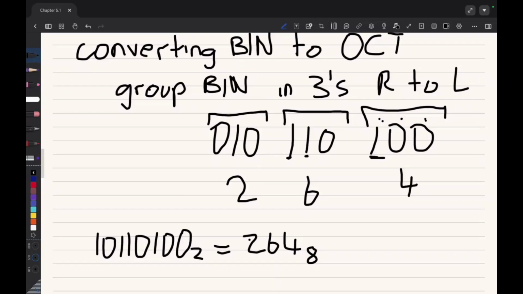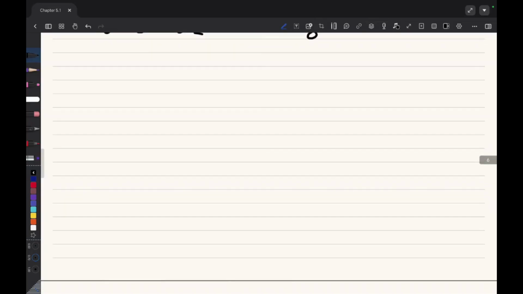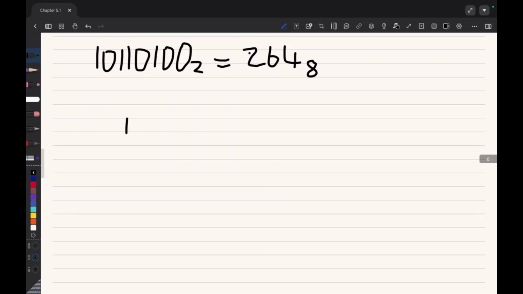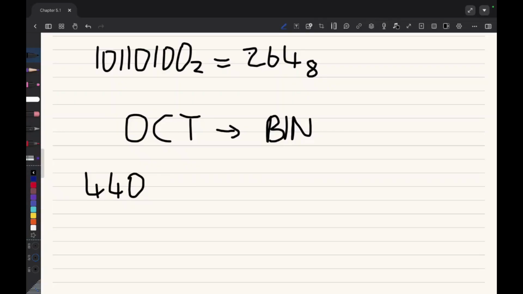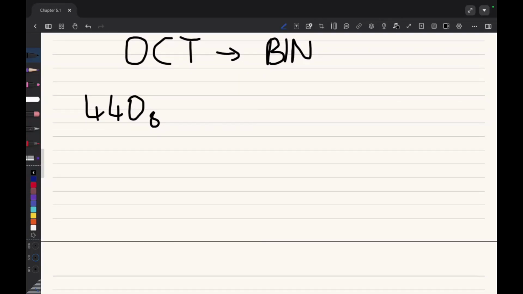Now let's convert octal to binary. Let's say we have 440 in octal, and we need to convert it back to binary. We take those digits 4, 4, and 0, and convert each back.